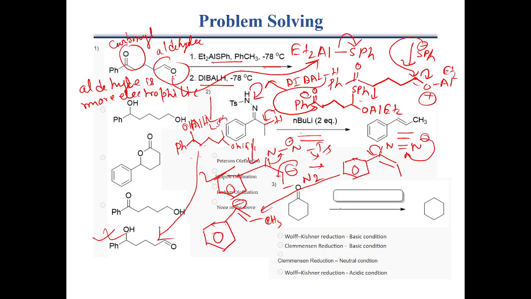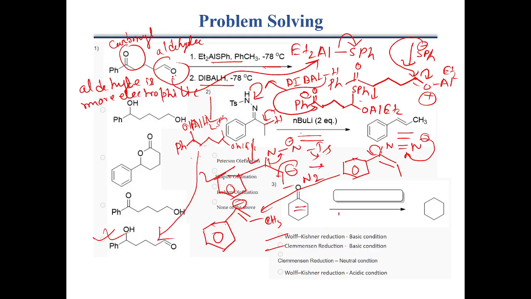So now the next question is this. So carbonyl is completely reduced to hydrocarbon. So this can be done through Wolff-Kishner reduction or Clemmensen reduction. So in Wolff-Kishner reduction, I have already discussed, this is a basic reduction.